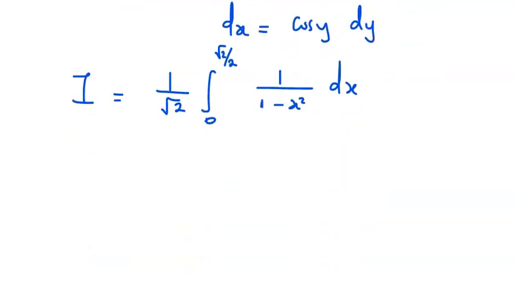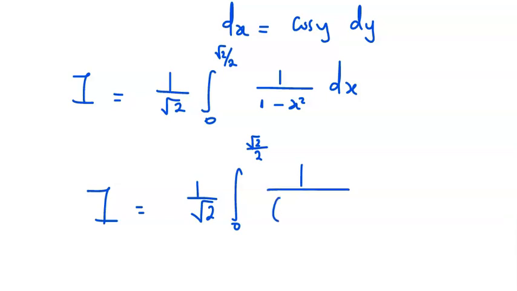So we know we have a difference of two squares down there, which we can factorize. So we have 1 over root 2, the integral from 0 to root 2 over 2 of 1 over 1 minus x multiplied by 1 plus x, and then we have dx.